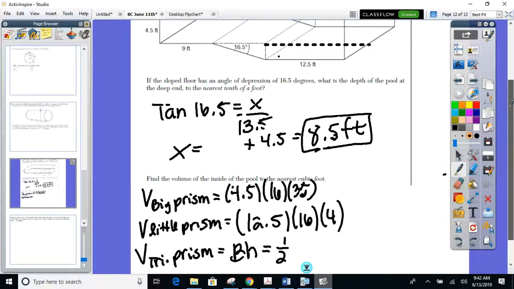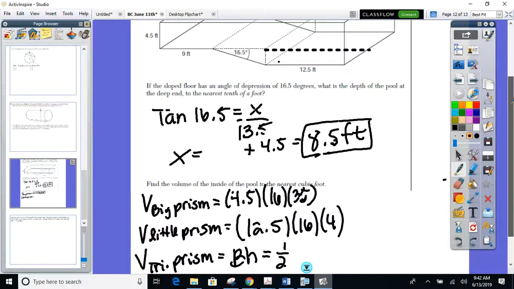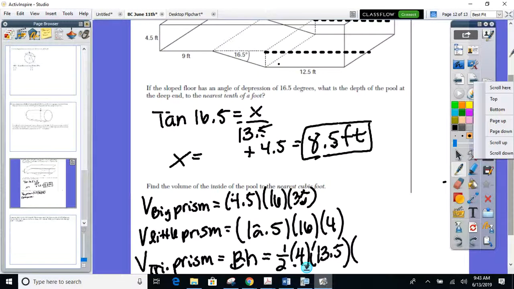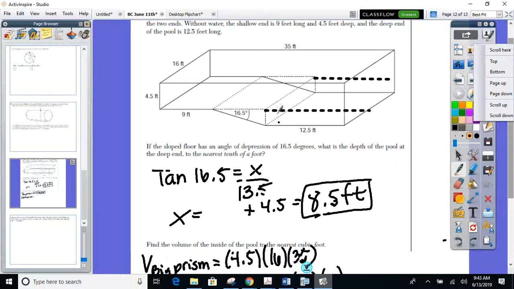So can anybody tell me the base and the height of it? 1/2 of 4 times 13.5. We found this earlier. That's just big B. And then what about the height of it? From here to here, it's already labeled for us, 16.